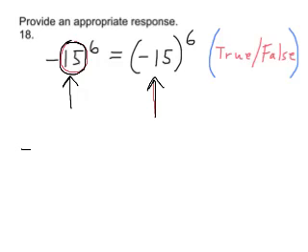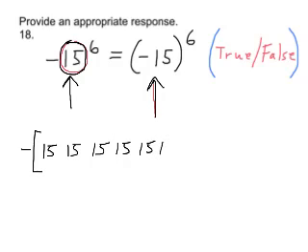So a negative, I'm going to put it inside a bracket, and then we've got 15 times itself 6 times, right? 2, 3, 4, 5, 6. Now, does that equal a negative 15 times itself 6 times? I don't know if I'm going to get that in here. Negative 15, negative 15.